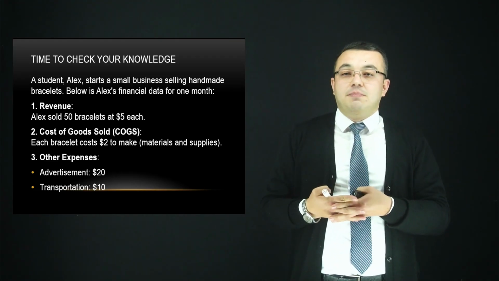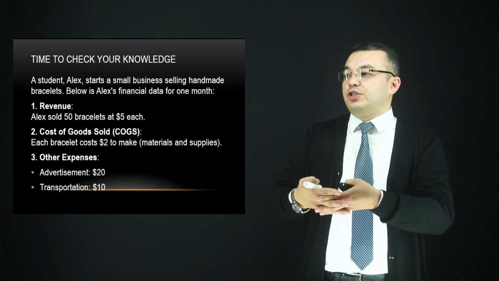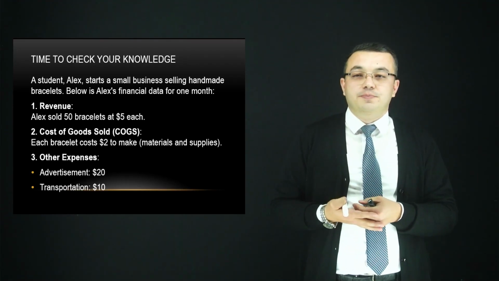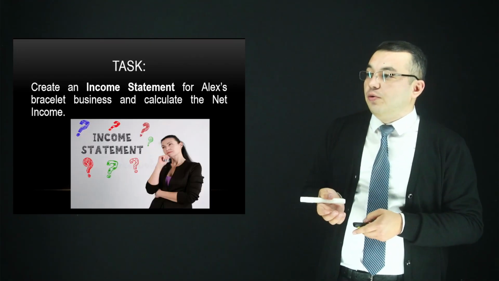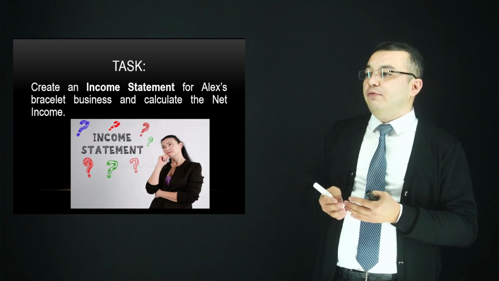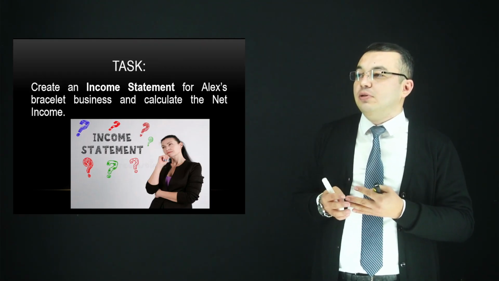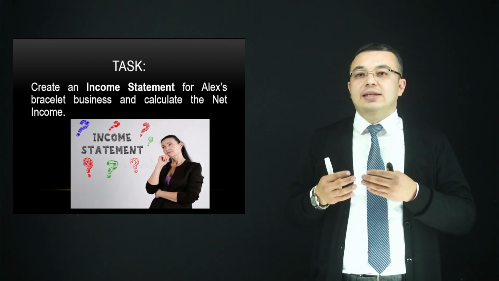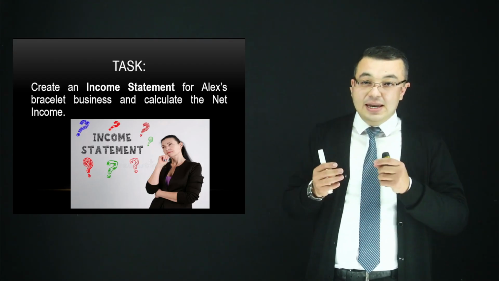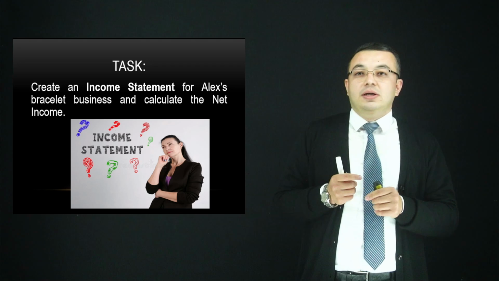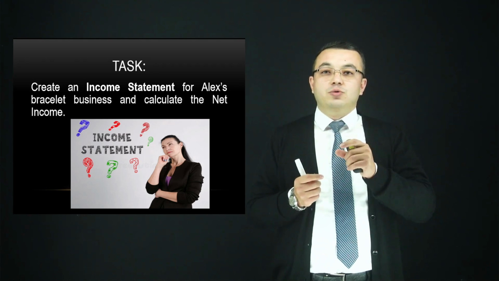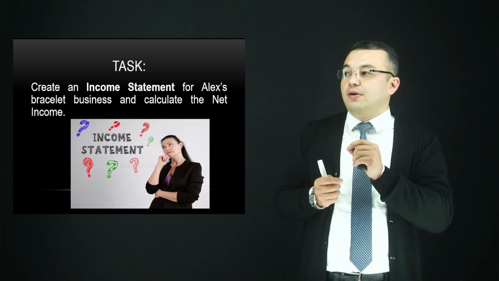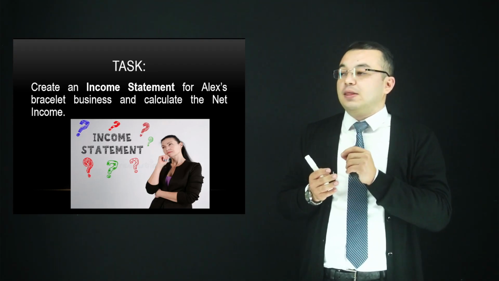Other expenses: Alex spent $20 on advertisement and $10 on transportation. Your task is to create an income statement for Alex's bracelet business and calculate net income. Now you have to think about it. You can pause this video and make a list. Okay, you should create an income statement.